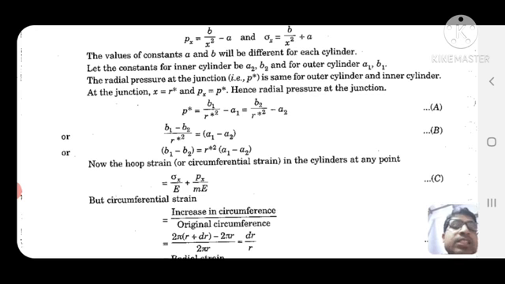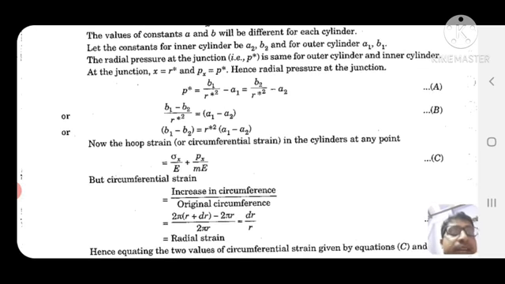So at the junction x equal to R star and P_x equal to P star, hence radial pressure at the junction P star equal to B1 by R star square minus A1 equal to B2 by R star square minus A2, or B1 minus B2 divided by R star square equal to A1 minus A2. So B1 minus B2 equal to R star square into A1 minus A2.